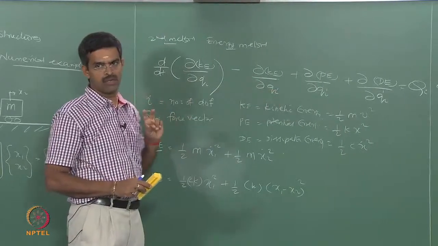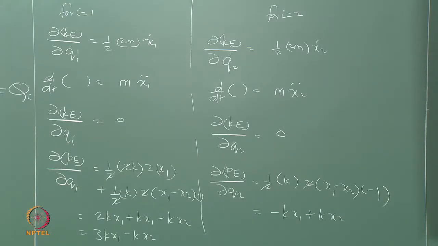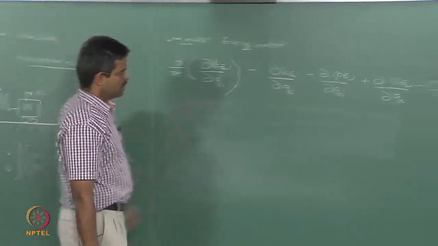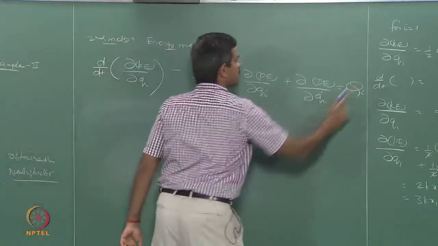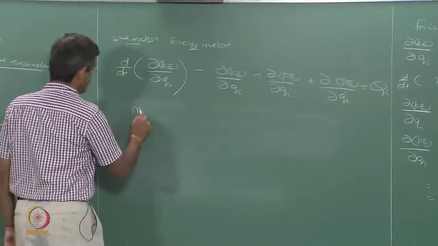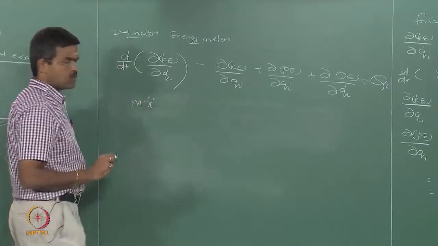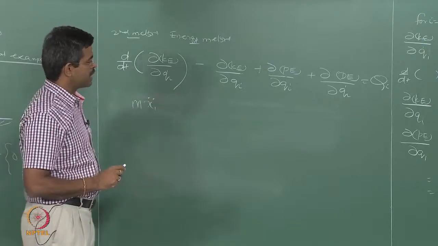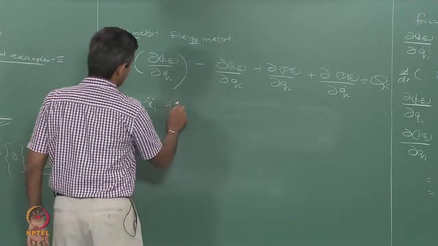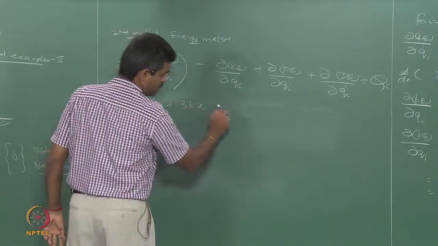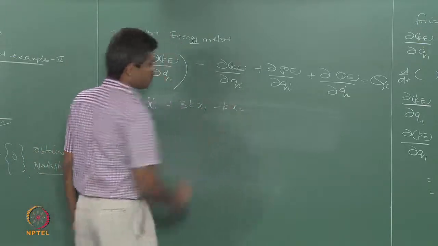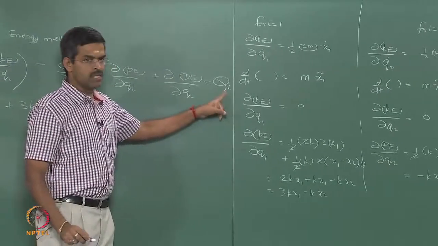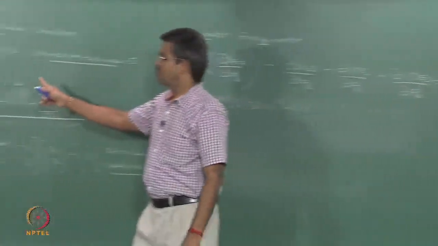2 equations I will write now. So, let us write the equation with respect to 1 first. So, this term I am having it here. So, I should say m x1 double dot, this term is 0, the second term is plus 3k x1 minus k x2, and of course, the force applied at the first degree externally is 0 in the problem.